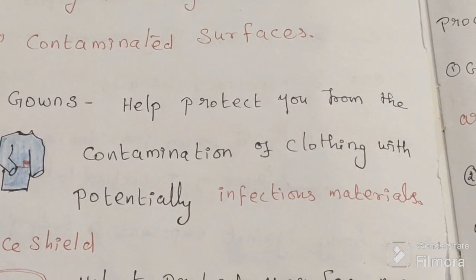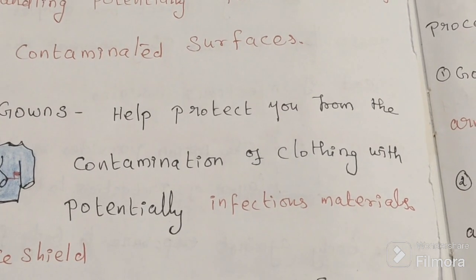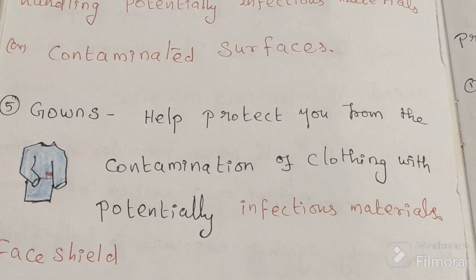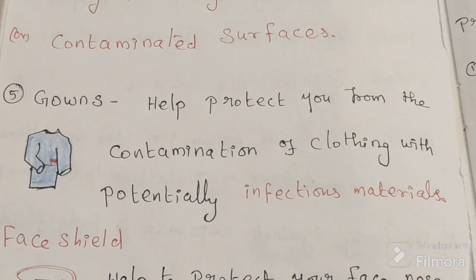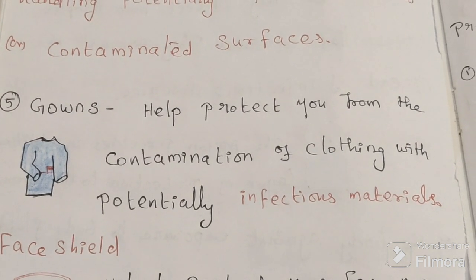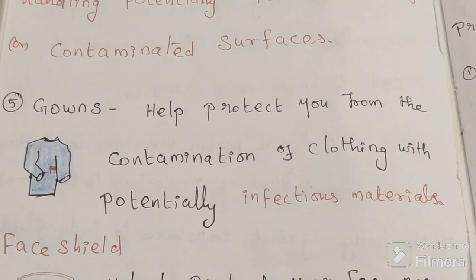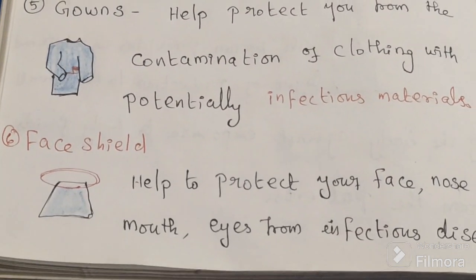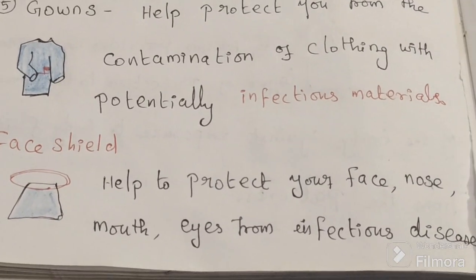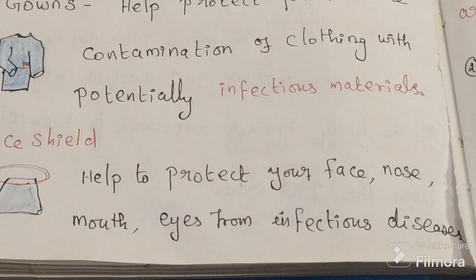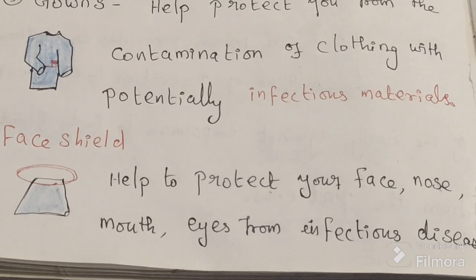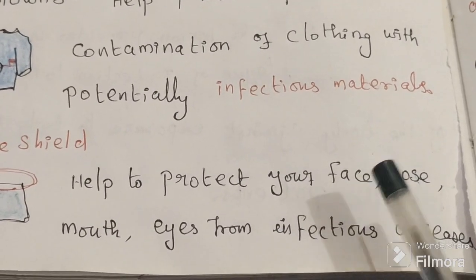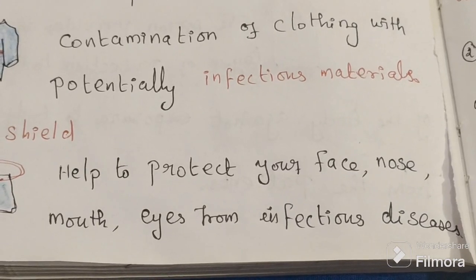Then the gown helps protect you from contamination of clothing with potentially infectious material. Next one is the face shield. It helps to protect our face, nose, mouth and eyes from infectious disease.